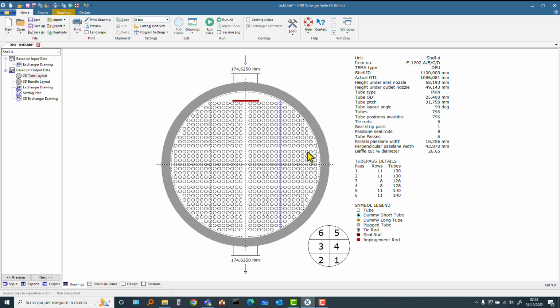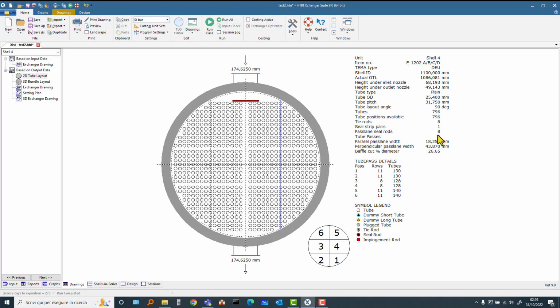With vertical baffles, on the contrary, we do not have the problem, because this is generally prevented by putting pass lane seal rods or sealing strip pairs.